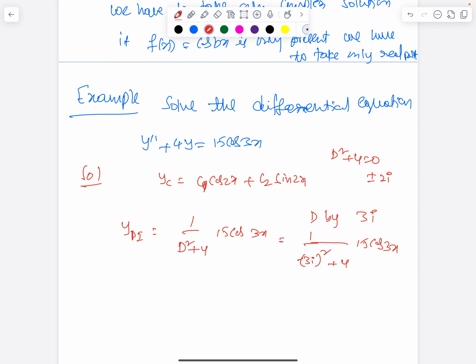So if you replace d by 3i, it is 3i whole square plus 4, which is equal to minus 1 by 5, as 3i whole square is minus 9, minus 9 plus 4 is minus 5, 15 cos 3x, which is equal to minus 3 cos 3x.